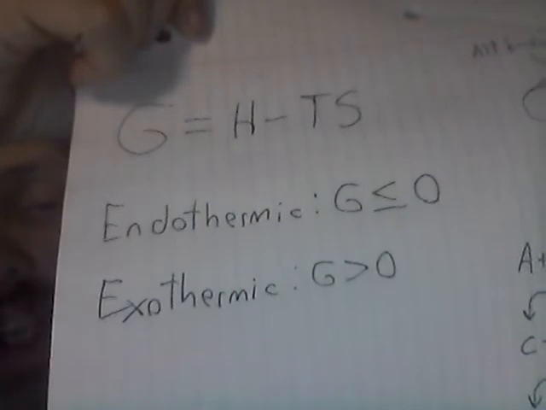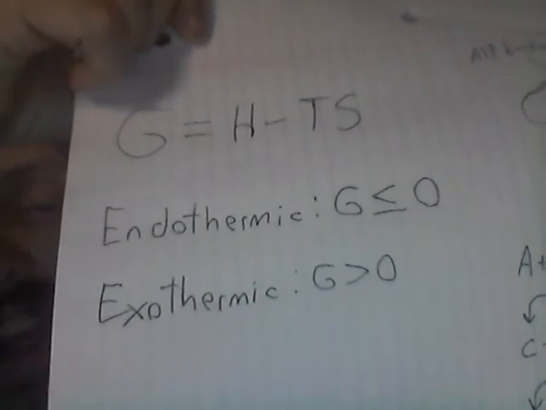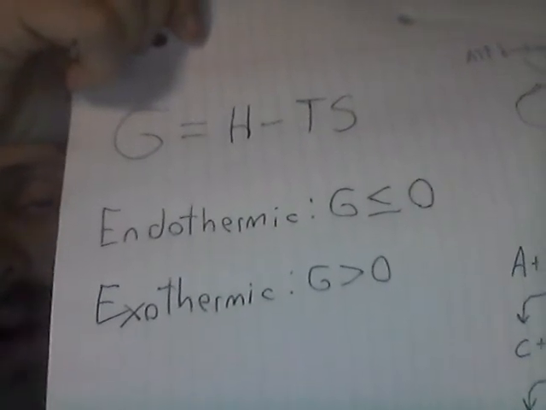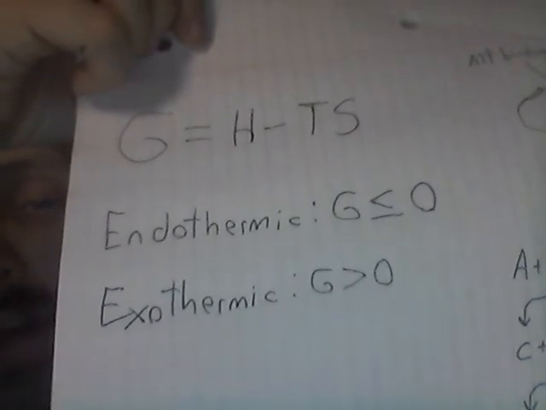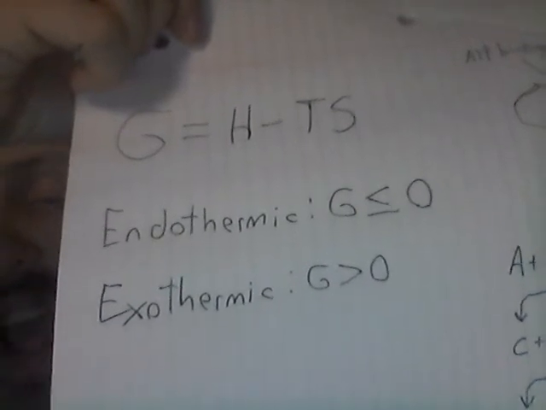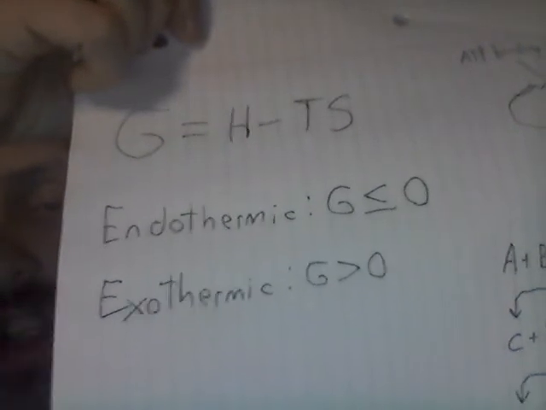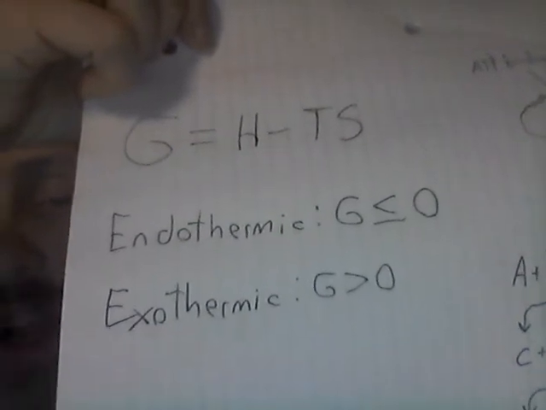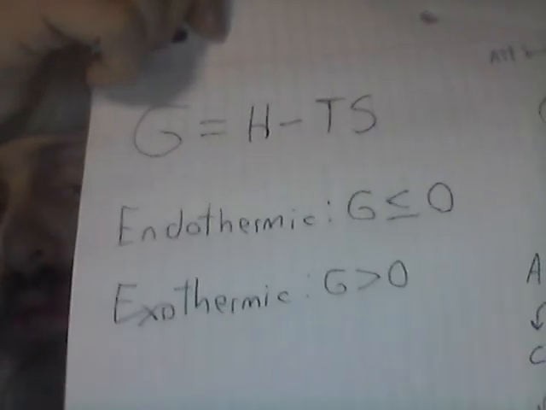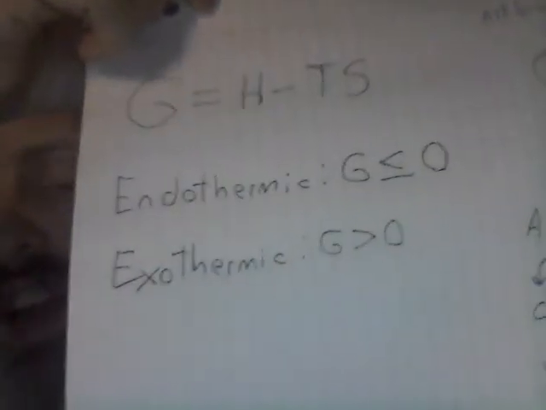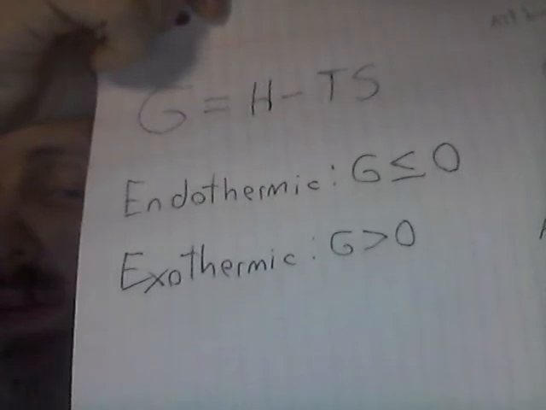Now, the term exothermic literally means to give off heat or to give off temperature. Endothermic means to take in heat or to take in temperature. The equivalent terms endergonic and exergonic mean to give off energy for exergonic or to take in energy for endergonic. I don't care which one you guys use, but more often in chemistry, you tend to hear exothermic and endothermic.